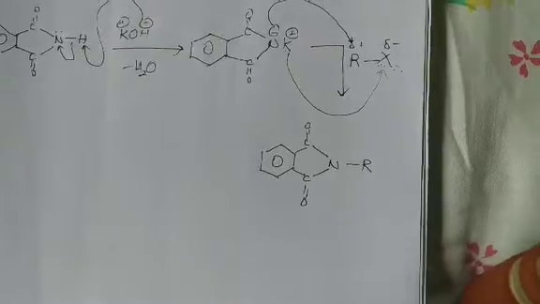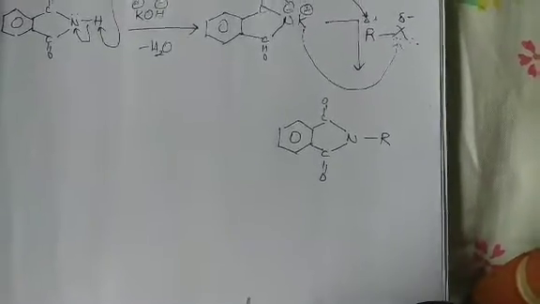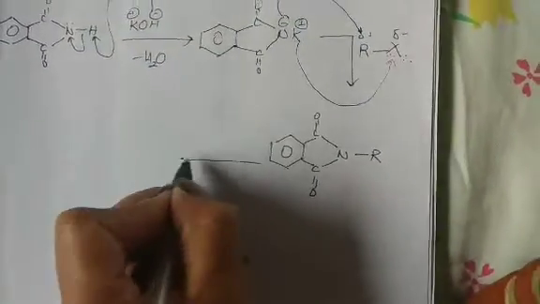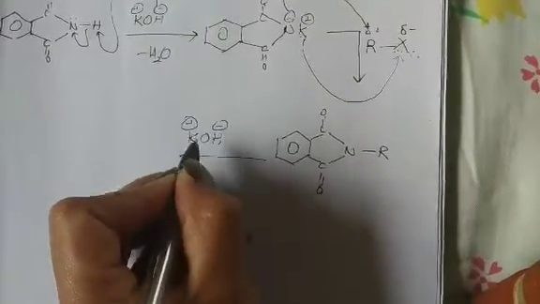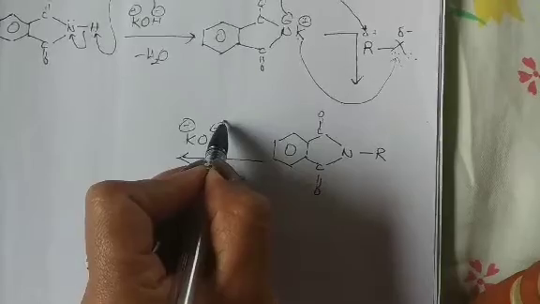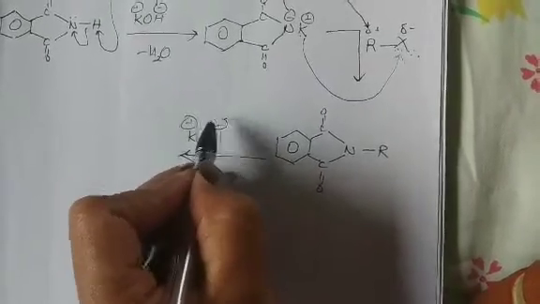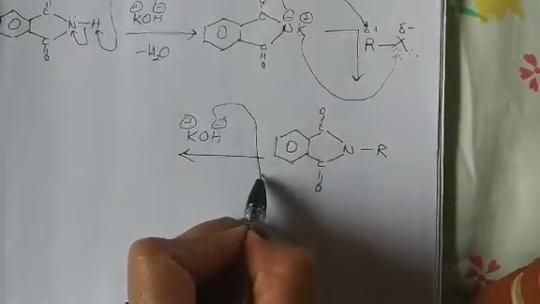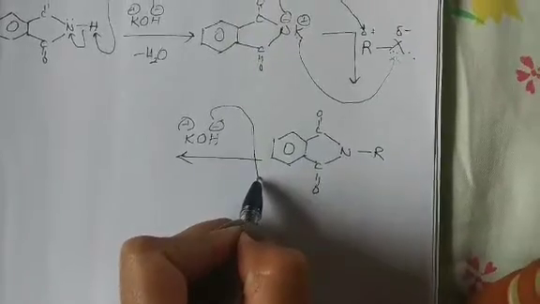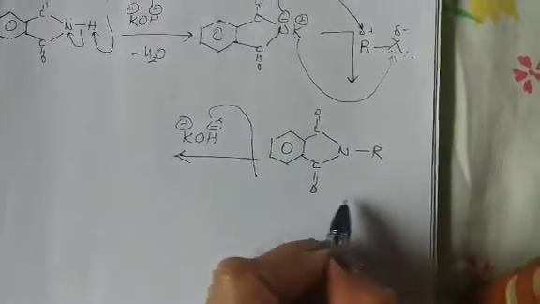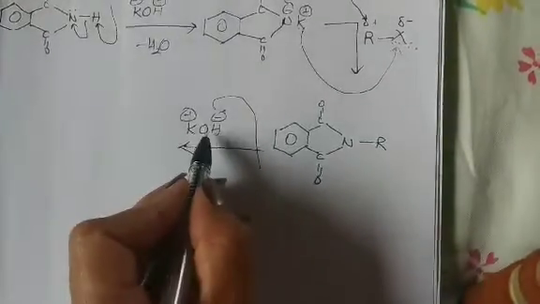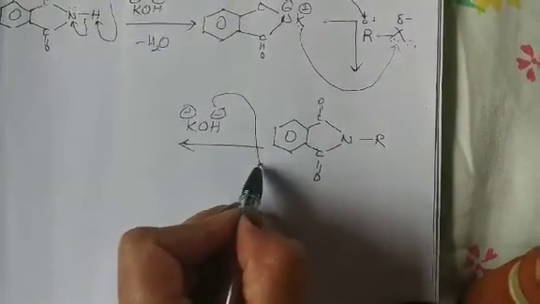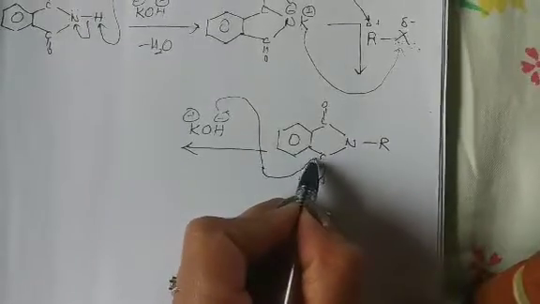Now here one more important step comes. Since there is no acidic hydrogen in this substrate, the OH minus acts as a nucleophile and attacks the carbon atom.